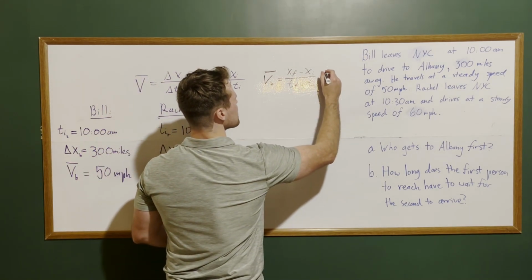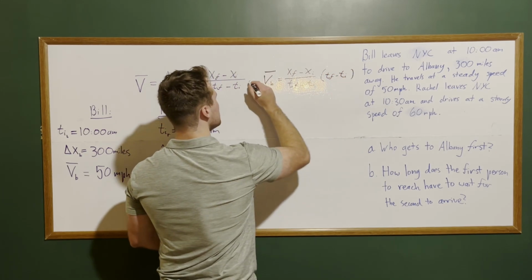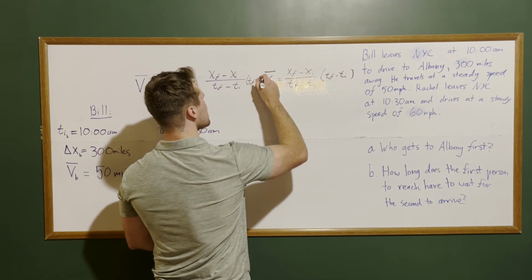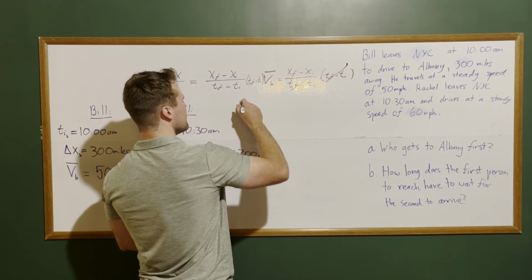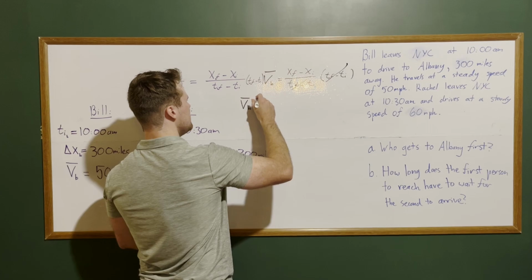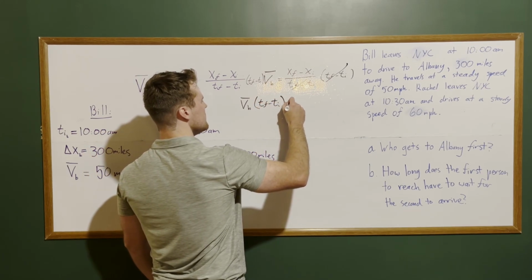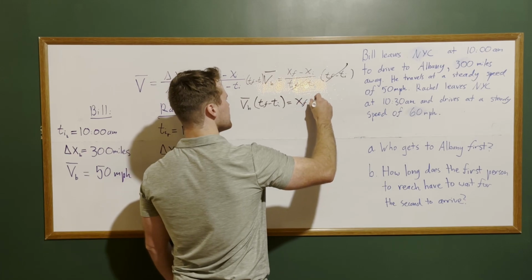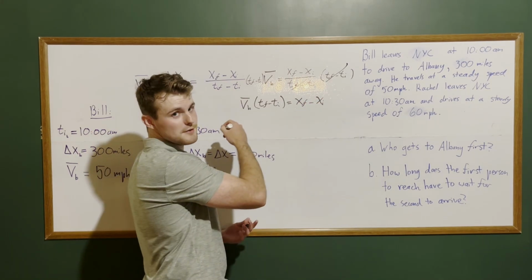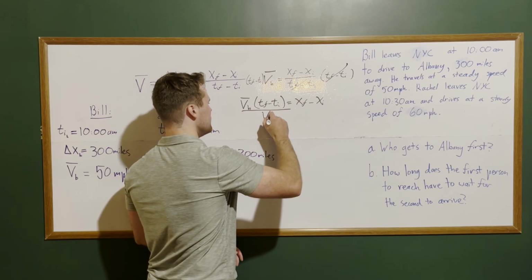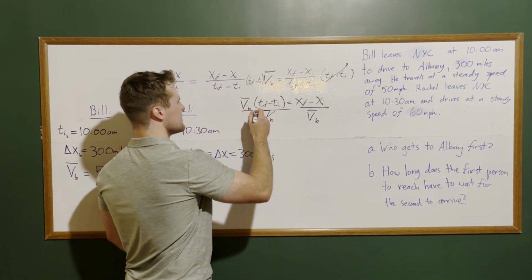So I'm going to multiply both sides by t sub f minus t sub i, and these cancel. Now we have v bar sub b times t f minus t i equals x f minus x i. Now let's divide by v bar on both sides. Of course, these cancel.